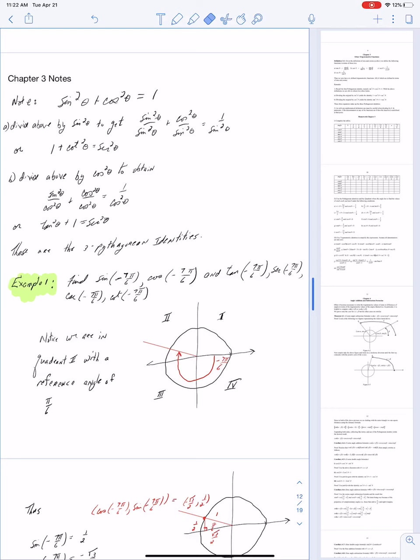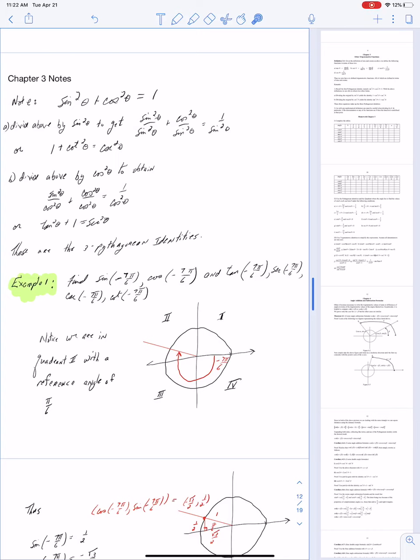So let's make that change. It is cosecant squared theta. Now, if I take this up here again, and I divide not by sine squared but by cosine squared, I get sine squared over cosine squared plus cosine squared over cosine squared equals 1 over cosine squared.